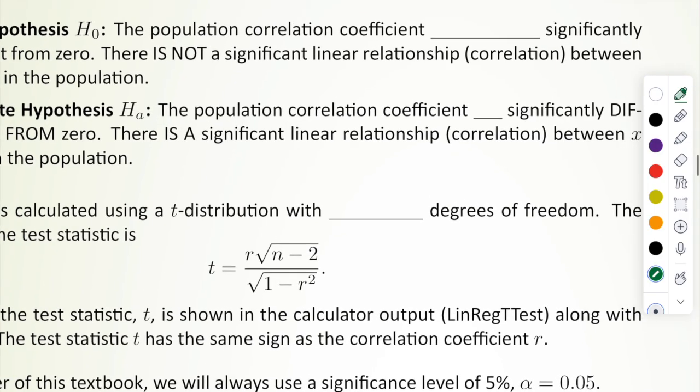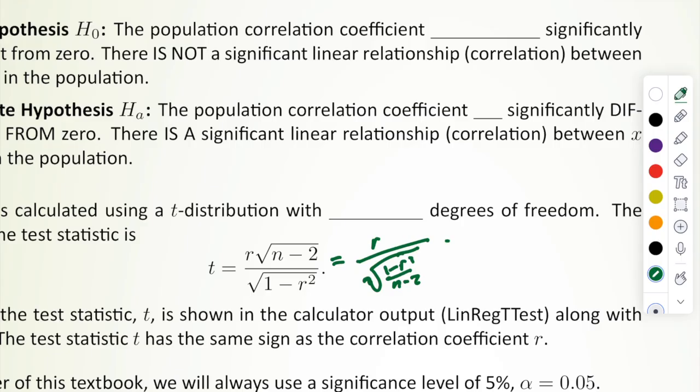Although it might be worth noting that we used a different form. But, you know, we've taken algebra, and so I think we might be able to see that this is equivalent. The form that I used was r over the square root of 1 minus r squared over n minus 2.